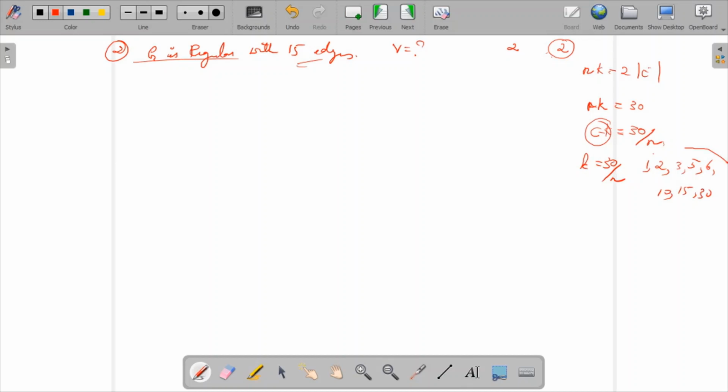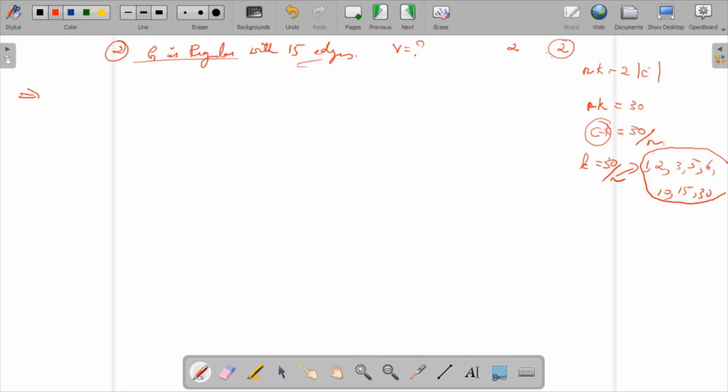So these are the possible numbers of vertices I can have. The possible orders would be 1, 2, 3, 5, 6, 10, 15, 30. So this is the concept of the regular graph.